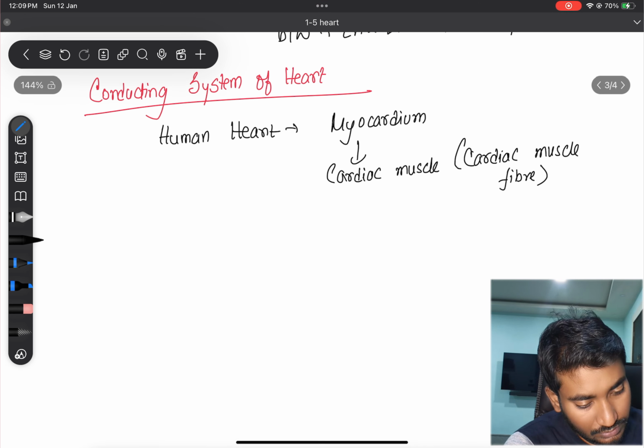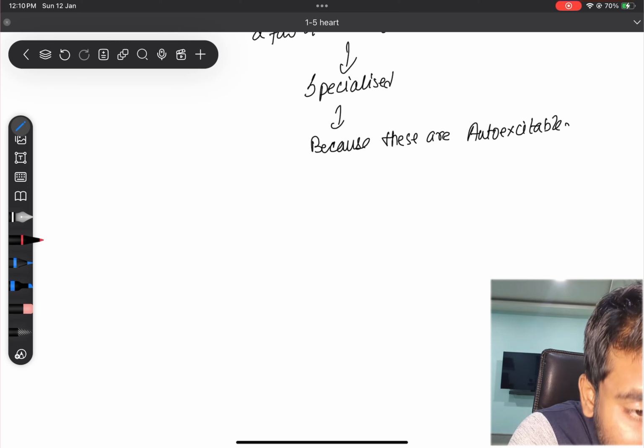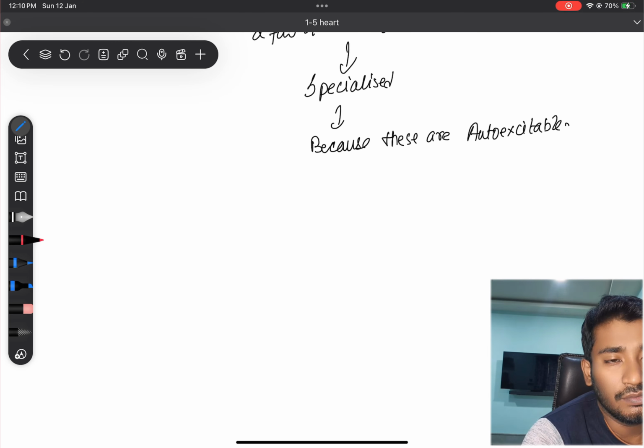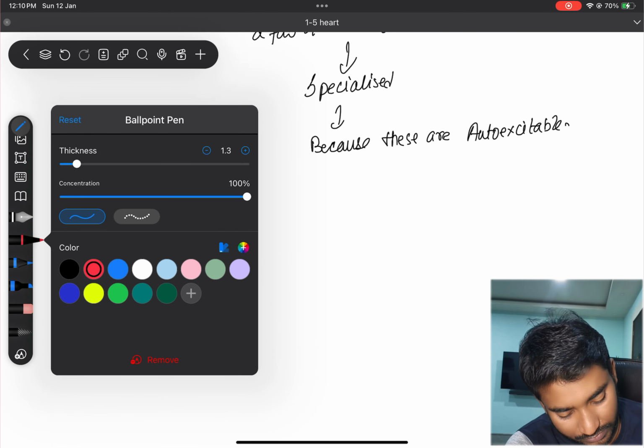Okay, now I am drawing another picture: polarization. I will discuss it in the next video, but I am drawing the picture right now. Okay.